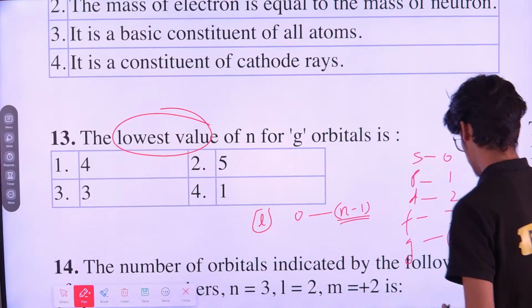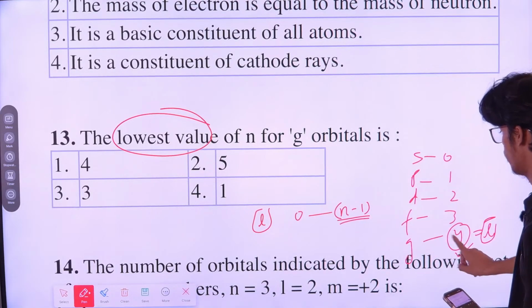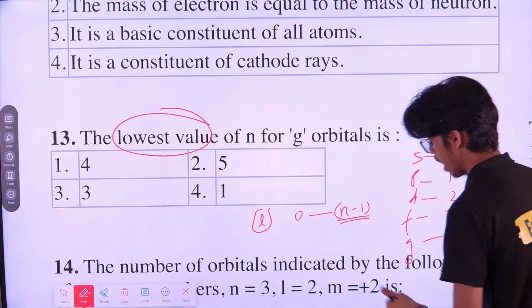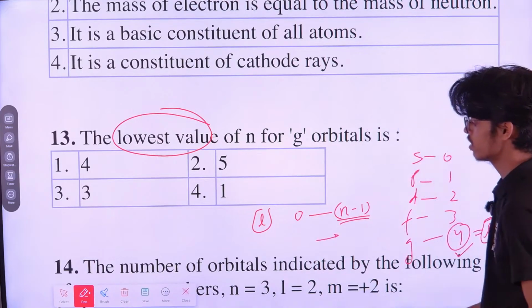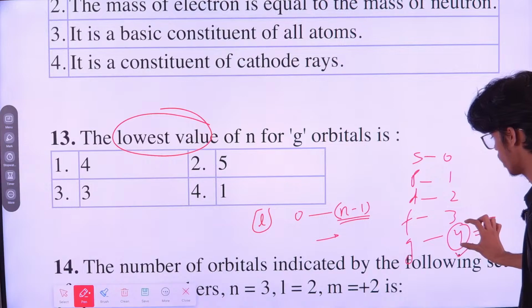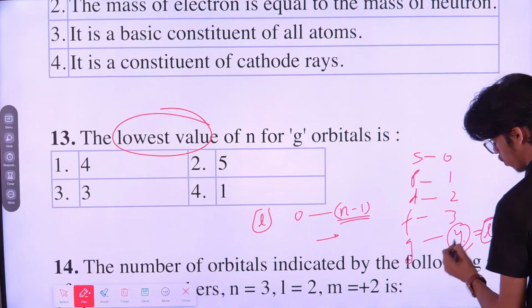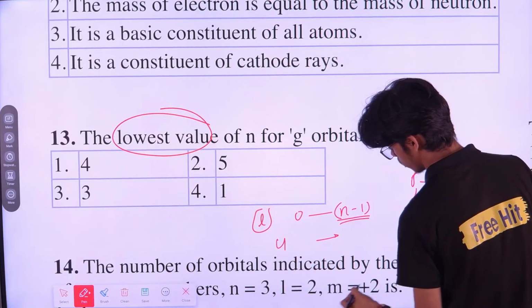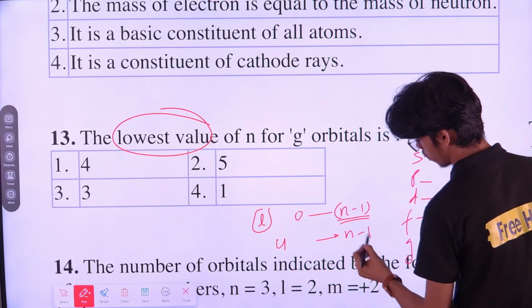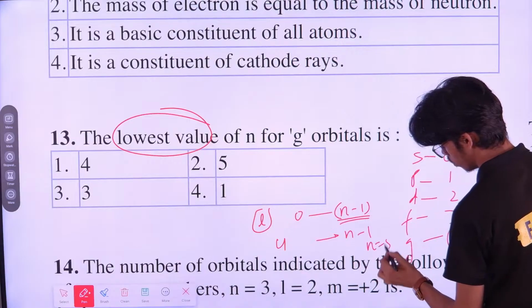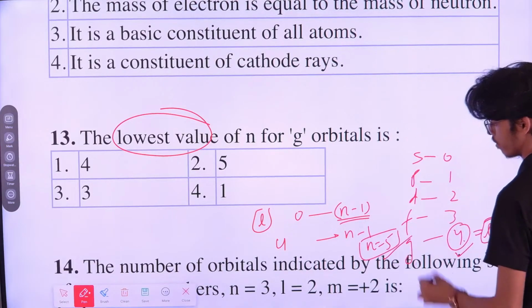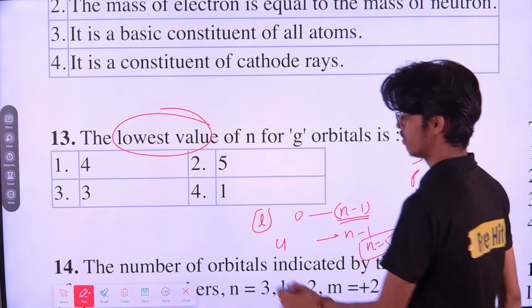G value is 4, so we have to take this as the highest value of L. If we take 4 as n minus 1, and take 1 to the other side, it is n equal to 5.